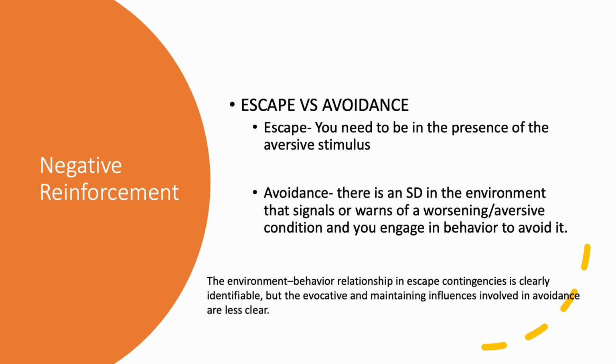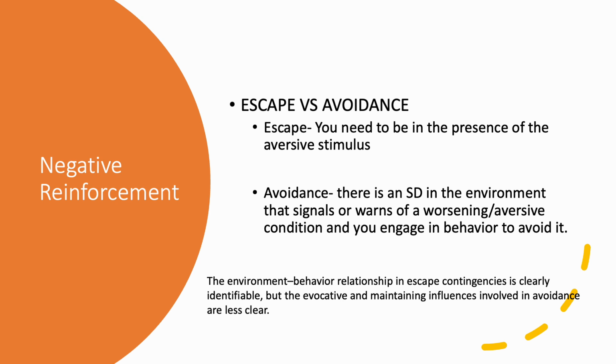The environment behavior relationship in escape contingencies is very clearly identifiable. All this means is that with escape maintained behaviors, it's very easy to pinpoint what that establishing operation is, right? It's very easy to pinpoint what that aversive stimulus is that is evoking our behavior, or making our behavior more likely to occur. Whereas with avoidance behaviors, the evocative and the maintaining influences involved are less easy to identify.